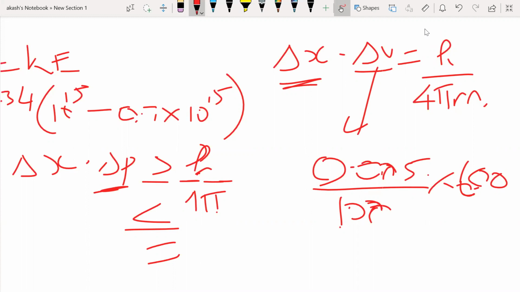If you look at the 8th question, it says the wave number of the spectral line of a given transition is x per centimeter for helium plus. So they're asking for the same transition, so same n1, same n2. They're asking what will be the value for Be3 plus, beryllium 3 plus.